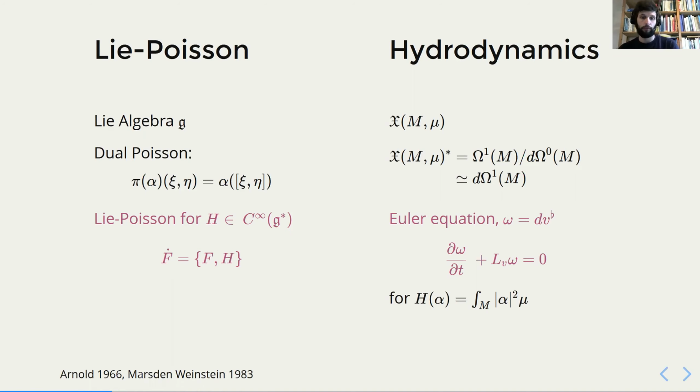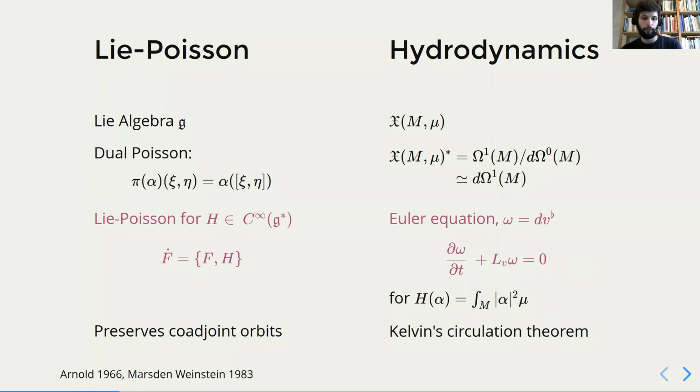And then there are a lot of interesting things that you already get out from the general theory. One of them is, for example, that you can easily verify generally that the solutions of the Lie Poisson equation preserve co-adjoint orbits. And if you translate this to the hydrodynamics picture, then this implies Kelvin's circulation theorem, which says that certain circulations, which are the flows along one forms of the vector field, are preserved in time.